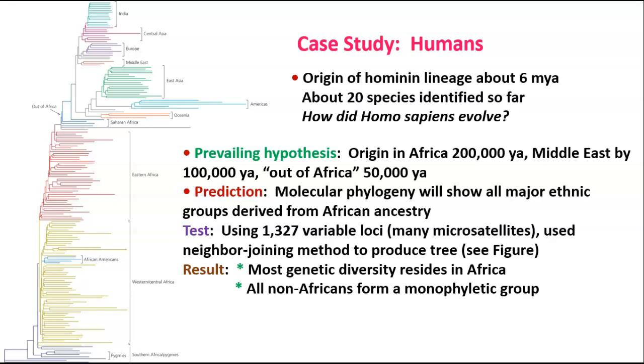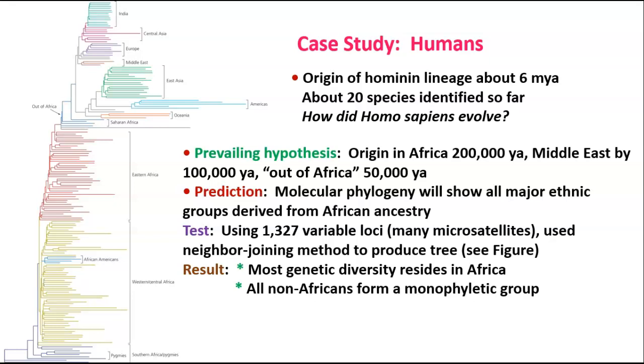If you look near the top of that cladogram, you can see a little arrow pointing out of Africa, the point at which Homo sapiens moved out of Africa and into the Americas, Europe, Middle East, into Australia, etc.